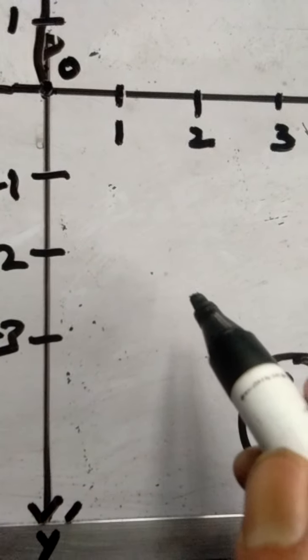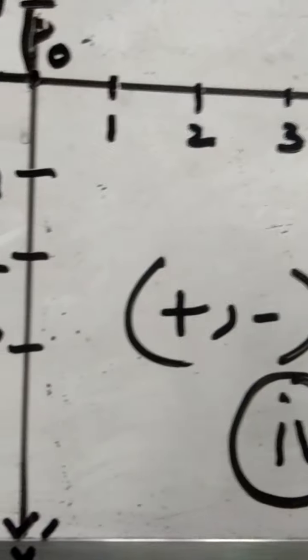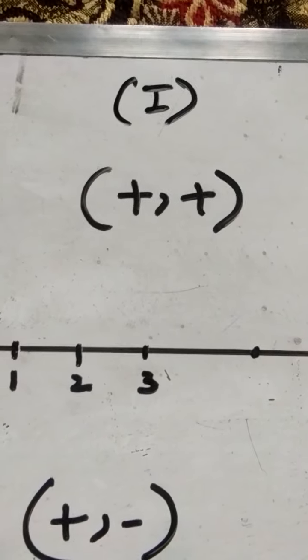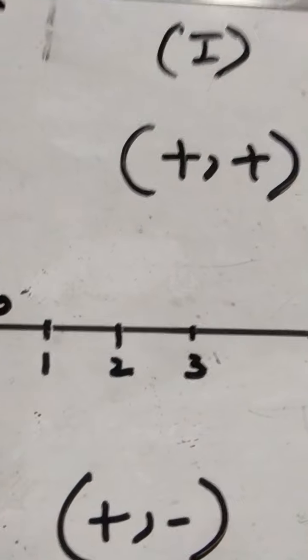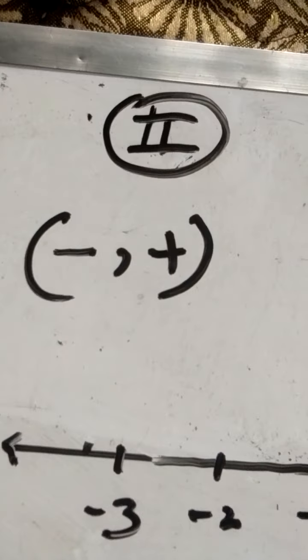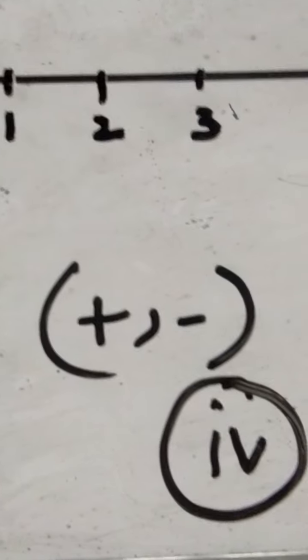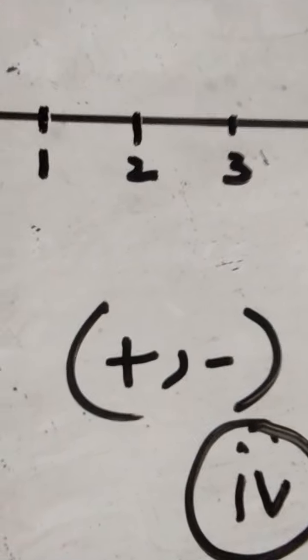So we represent this by +-. In a nutshell, before closing this topic, first quadrant ++, second quadrant -+, third quadrant --, and fourth quadrant +-.